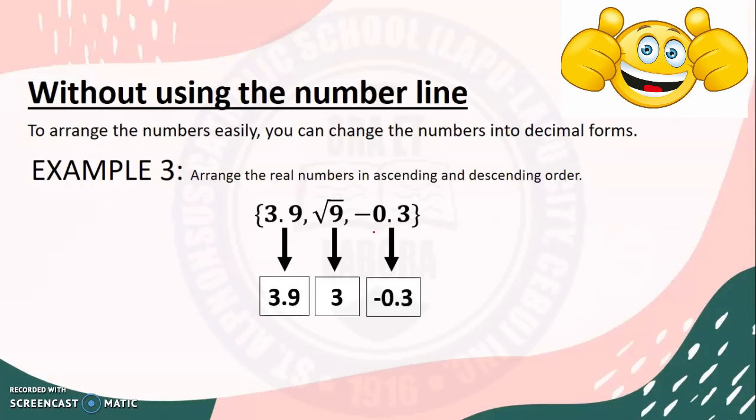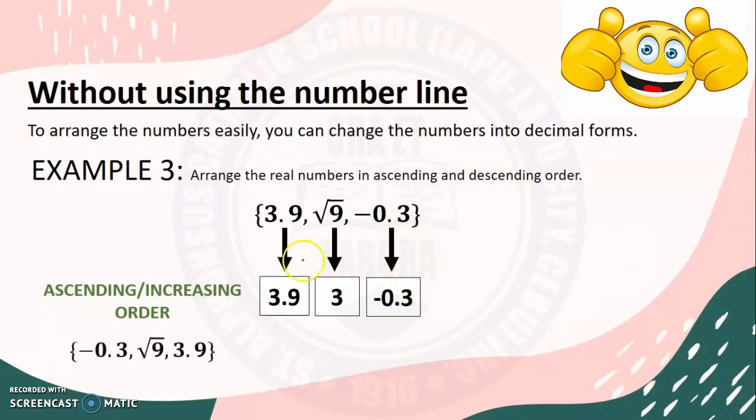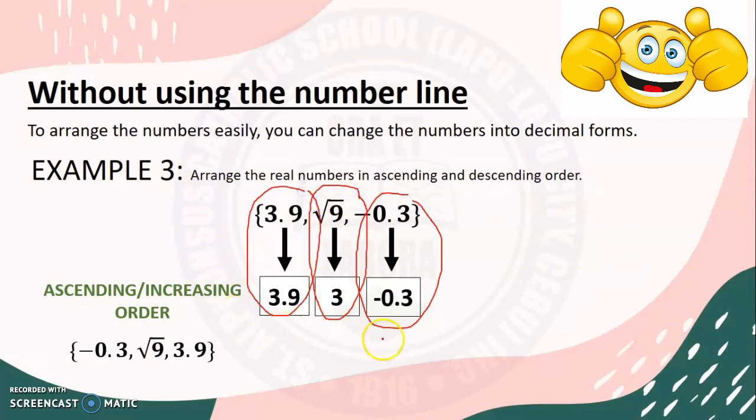Now, let's arrange these numbers in ascending order or increasing order. So if we are going to arrange this in increasing order, we have the negative 0.3, this one, next followed by square root of 9, which is 3, and then followed by 3.9.